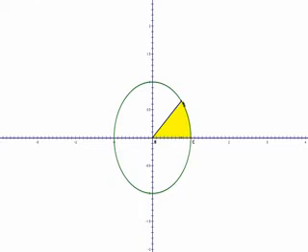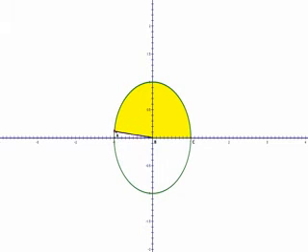If I have this yellow area and I'm interested in the area of that sector for any given theta, you can see that the area is simply a fraction of the area of the entire circle. What fraction is it? Right there, it looks like 1/4. Where did 1/4 come from? What's 90 degrees divided by 360? It would be 1/4.